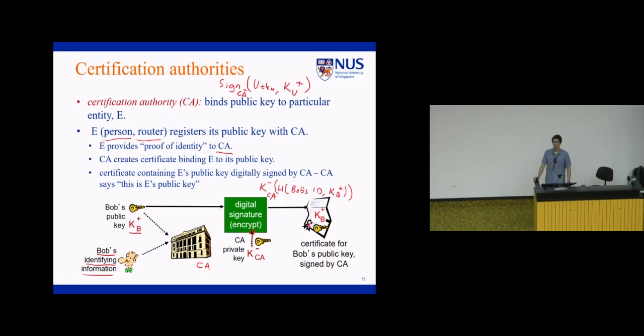And then Bob can share this certificate with anyone who wants to verify Bob's signatures, so that they can first extract Bob's public key out of this and verify it. Now that they are certain that Bob's public key is this, KB plus, then they can go ahead and verify any signature created by Bob.